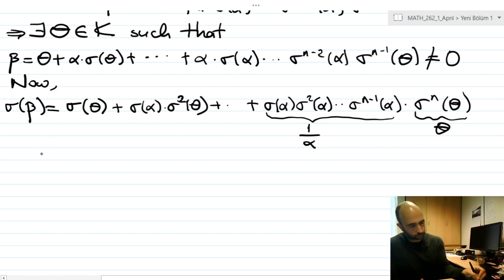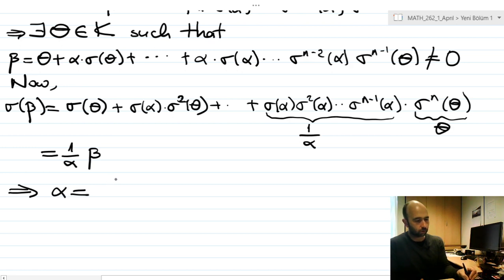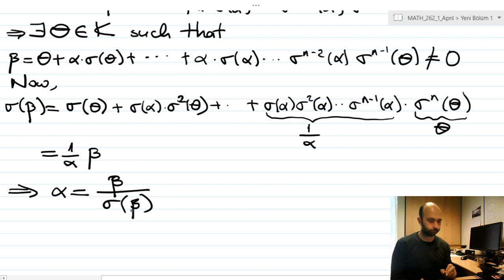But overall, the conclusion is this is 1 over alpha times beta, and that gives us what we want. Alpha equals beta over sigma beta. Okay, that's cool.